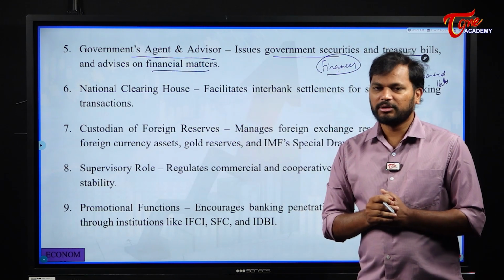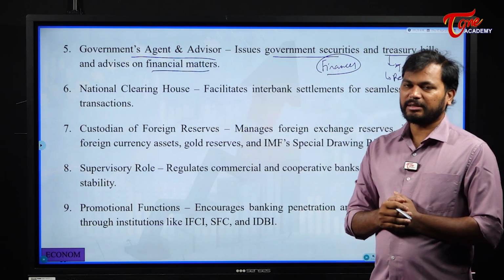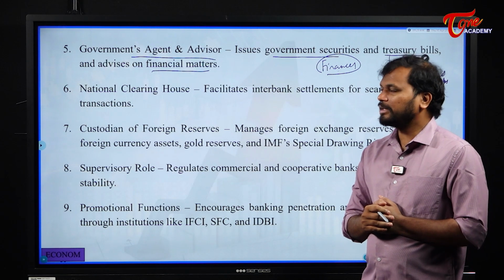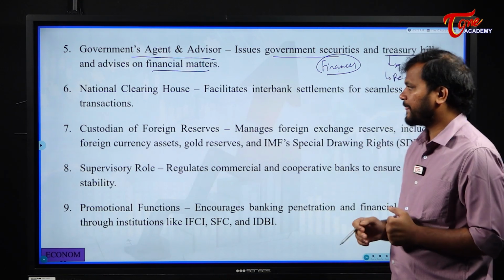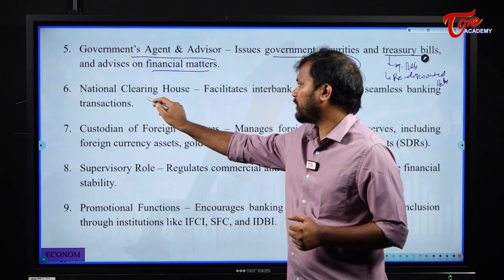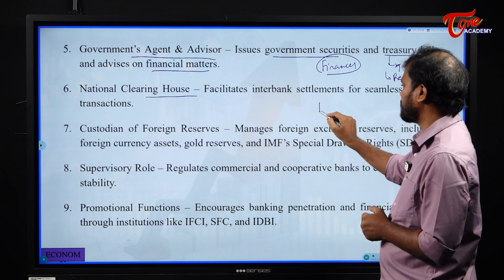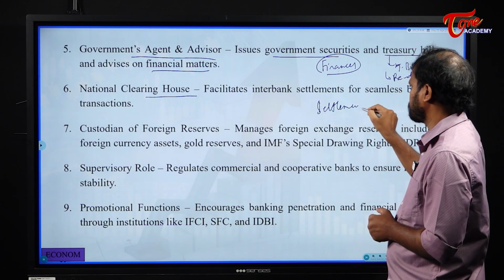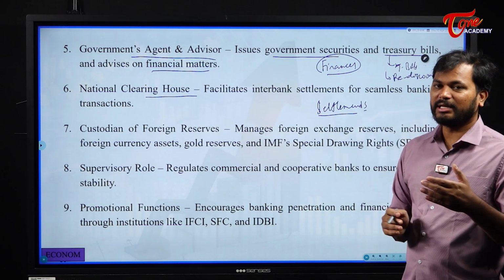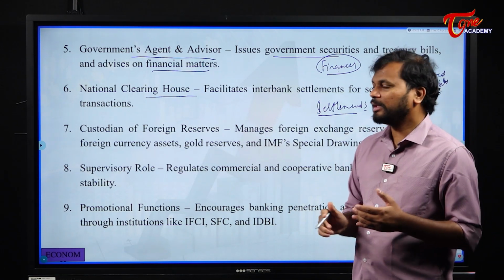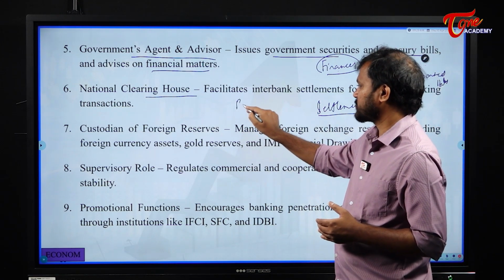The government securities and the T-bills are issued by the RBI. Next, National Clearing House. The interbank settlements are facilitated by the RBI for the banking transactions.